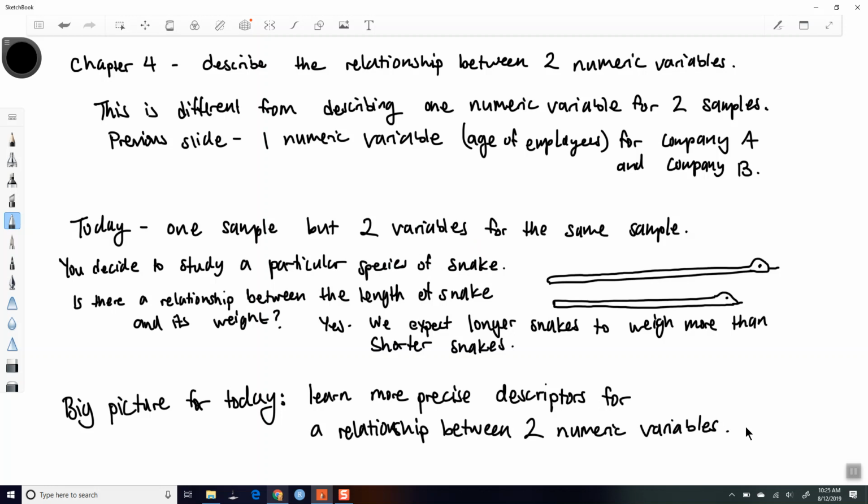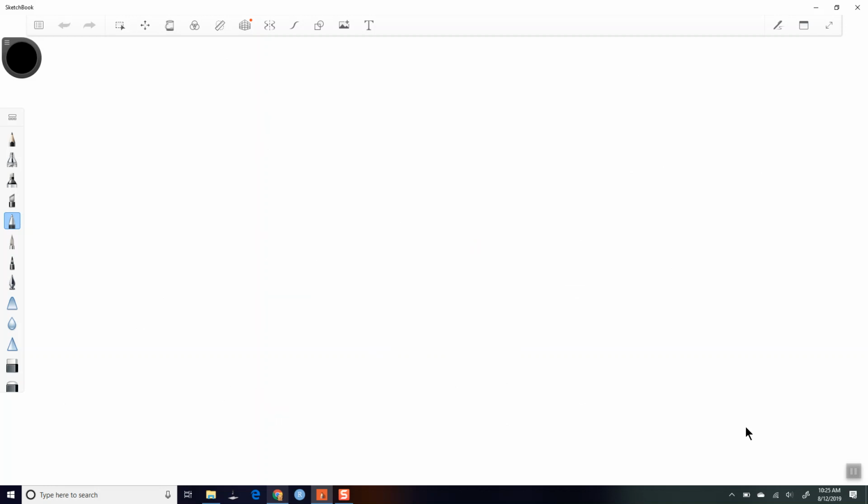Okay, so the first tool that we have is the scatterplot. This is a graphic display, and you're just plotting coordinate pairs. For example, let's say we gather a table.